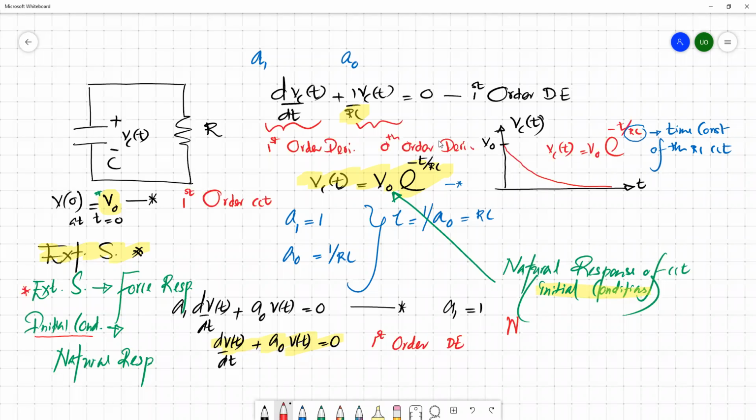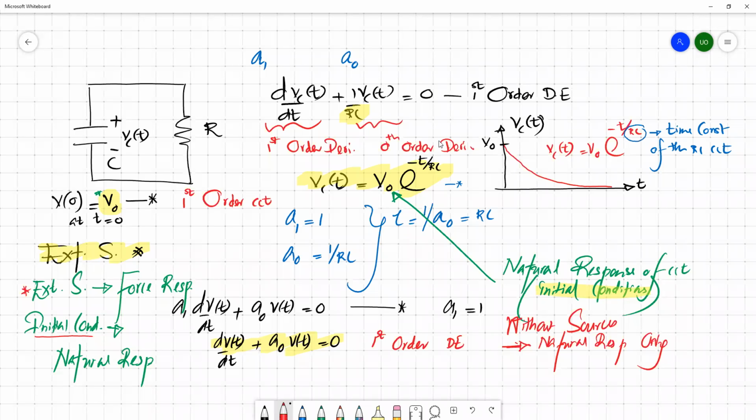Without sources leads to natural response only. I hope it's clear, because the circuits we discuss here don't have external sources, so the driving force of the circuit is the initial conditions of the capacitor or inductor.